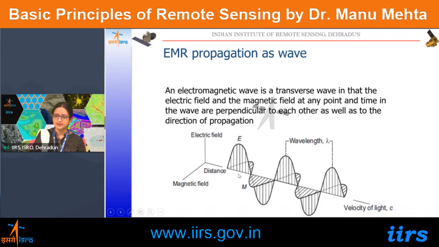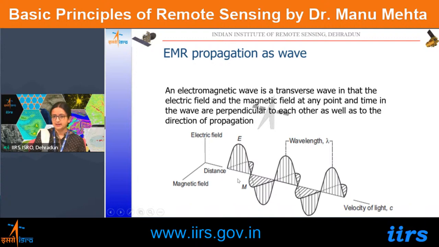If this is the electric field, the magnetic field is perpendicular to it, at every point in time and space. This axis represents distance or space, whereas you can interpret it differently as a time axis also.